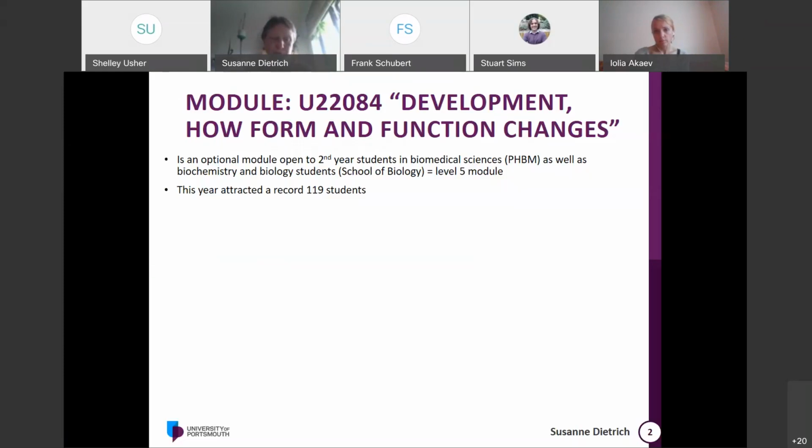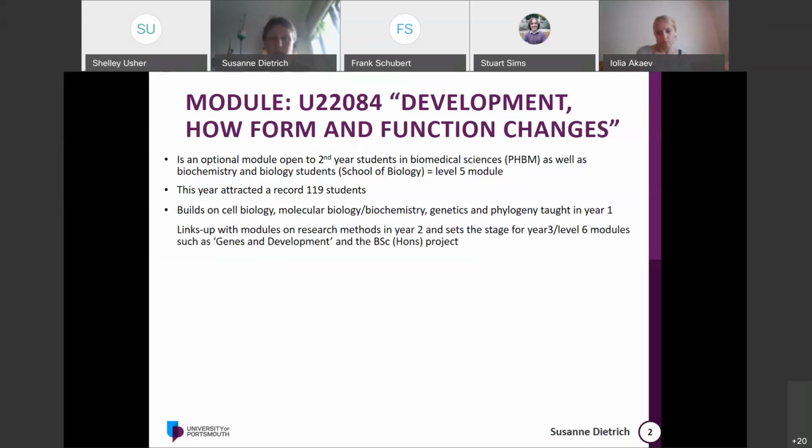Model in MES. The module builds on cell biology, molecular biology, biochemistry, phylogeny taught in the first year of studies.